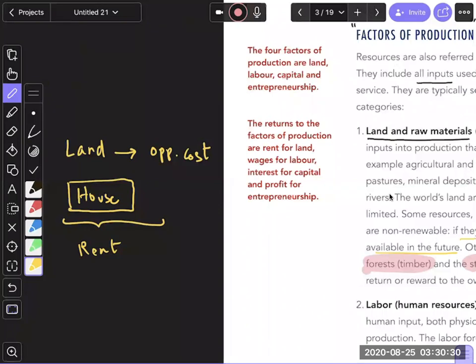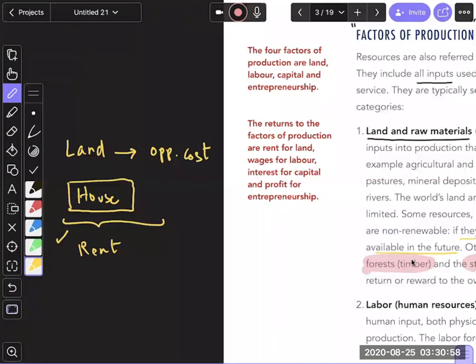We are foregoing rent in this case because we decided to build a house in that place. So what is the opportunity cost of land? It's the rent that you forgo. If you use it yourself, you have forgone the rent. But if you don't use it, you can earn rent out of it.